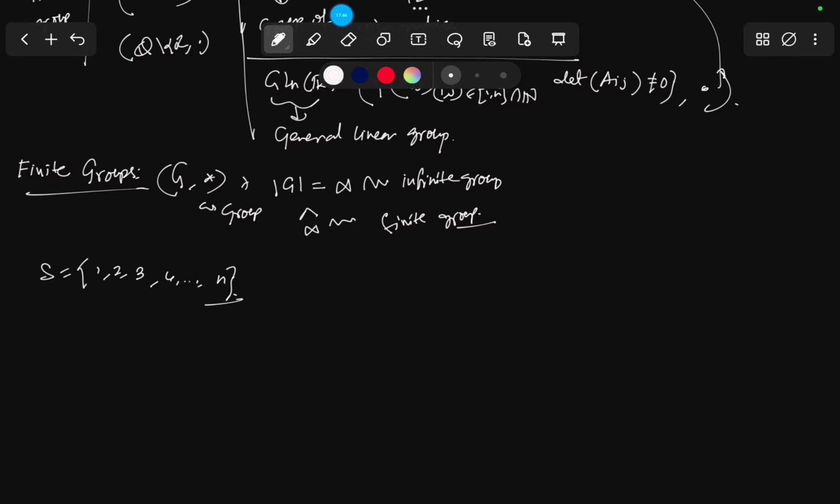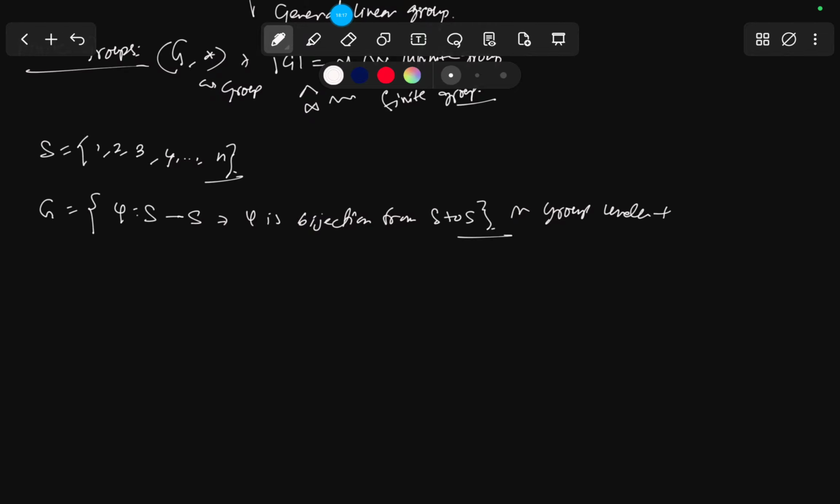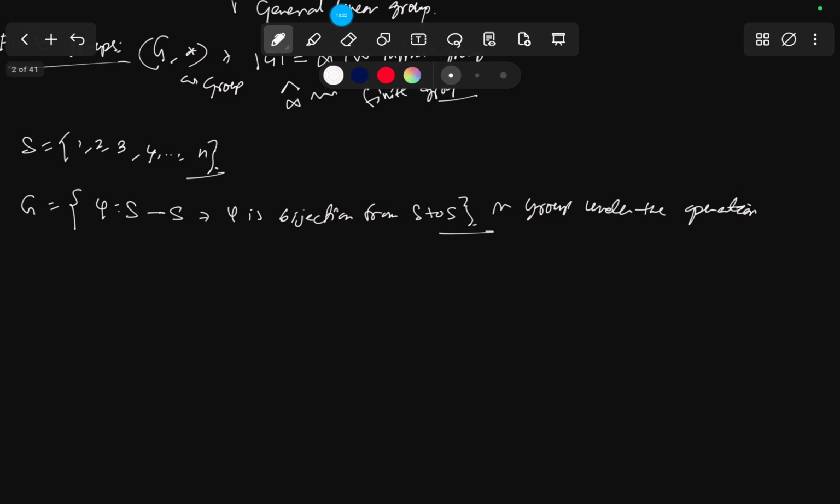Okay, so we consider G to be the set of all mappings phi from S to S such that phi is a bijection from S to S. Okay, so that means all the bijections from a set of n elements to itself form a group. So this is a group under the operation. The most obvious choice is composition.